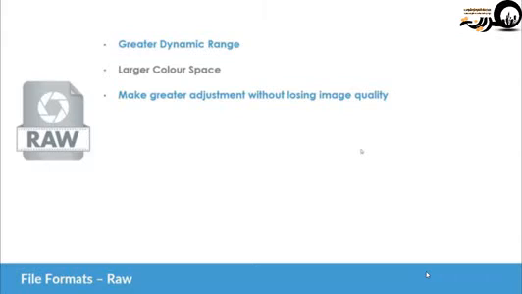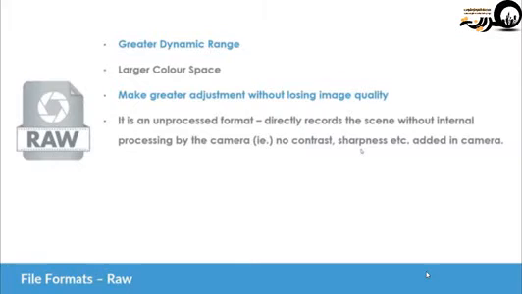You can make greater adjustments without losing image quality. You can work a raw file almost to infinity and not lose any quality with it. You can just keep working away on it. It's very, very easy to go back to the original file if you need to. It's uncompressed, so someone who's just asking about that, or Christoph, you've just said that it is an uncompressed format.